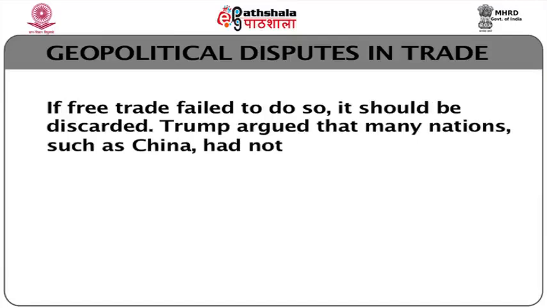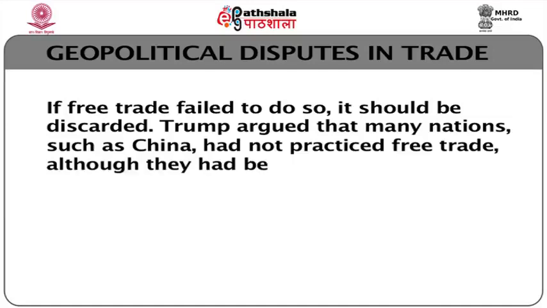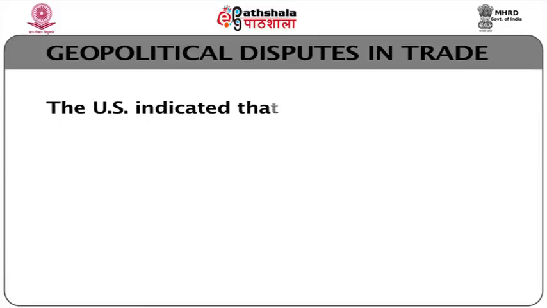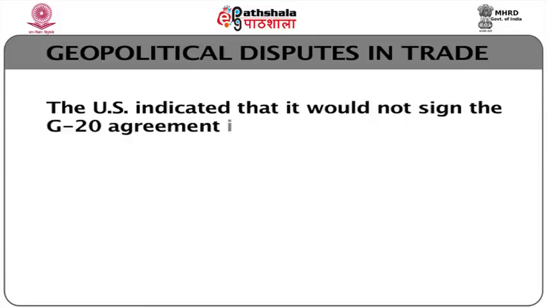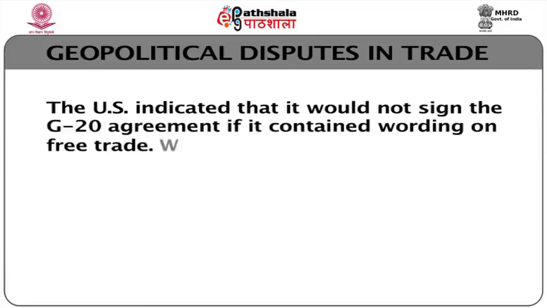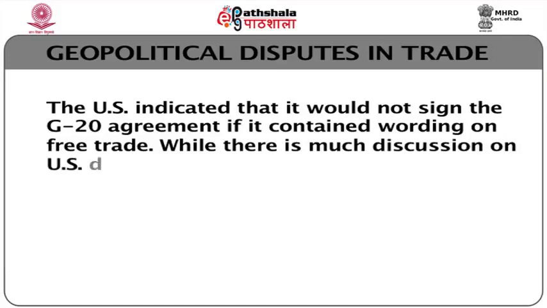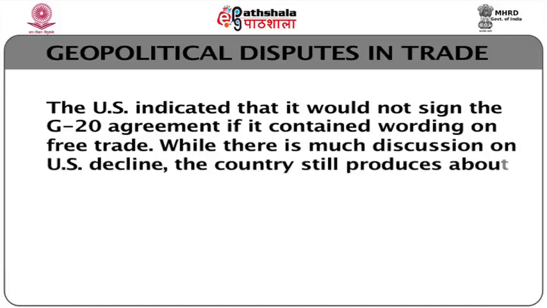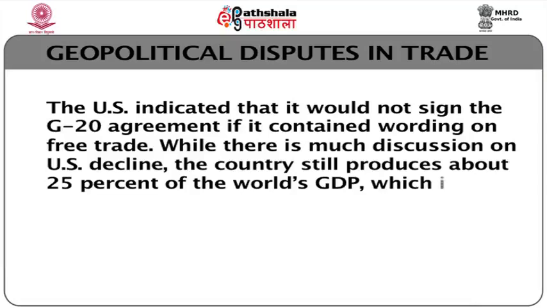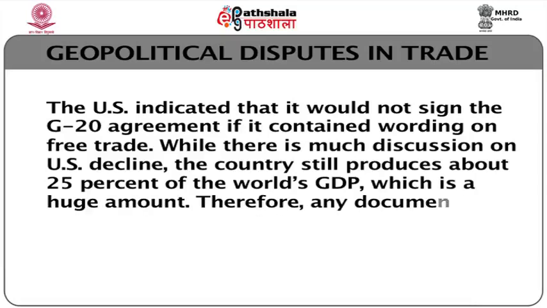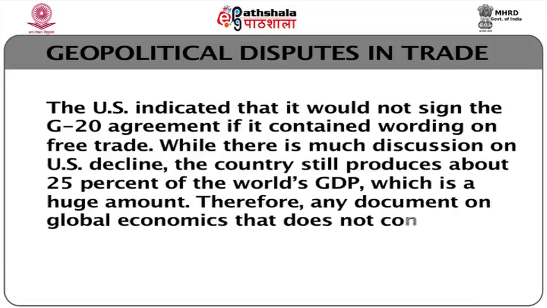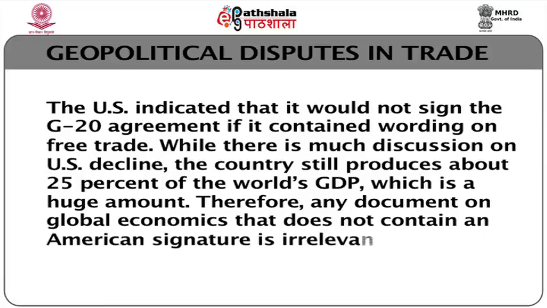Trump argued that many nations such as China had not practiced free trade, although they had benefited from it. The US indicated that it would not sign the G20 agreement if it contained wording on free trade. While there is much discussion on US decline, the country still produces 25% of the world's GDP, which is a huge amount, and therefore any document on global economics that does not contain an American signature will become irrelevant.